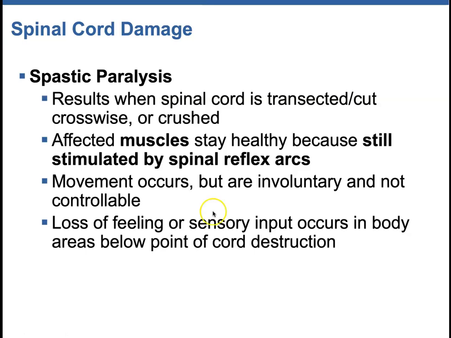So just above that, you have spinal reflex arcs that work. This is why sometimes you'll see individuals that have bungee cords on their legs because they have this type of spastic paralysis that just causes their legs to spasm, and in some cases they could just kick out. And so that is what ends up happening with spastic paralysis.